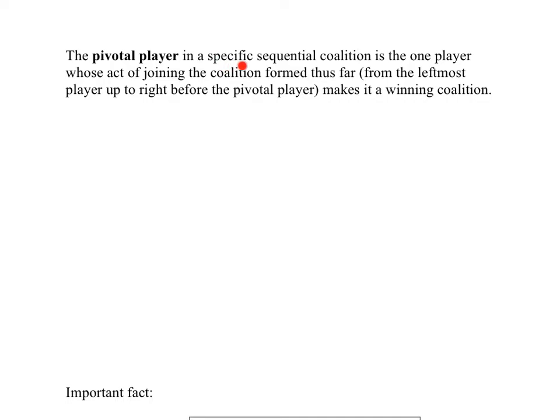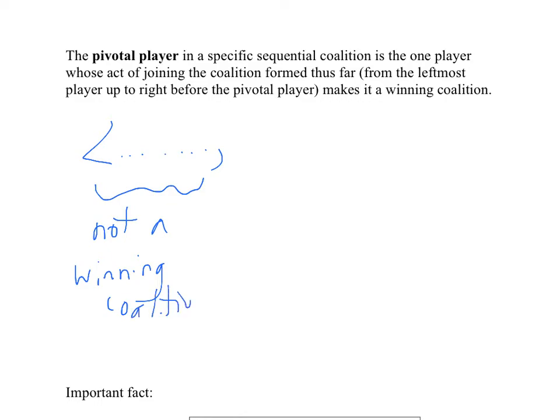That player in a specific sequential coalition is the one player, the one and only one, whose act of joining the coalition thus far, in other words, all the players written from the left up to a certain point, where they are not yet a winning coalition, is the player who joins in at that particular moment, and as a result, now you do have a winning coalition.